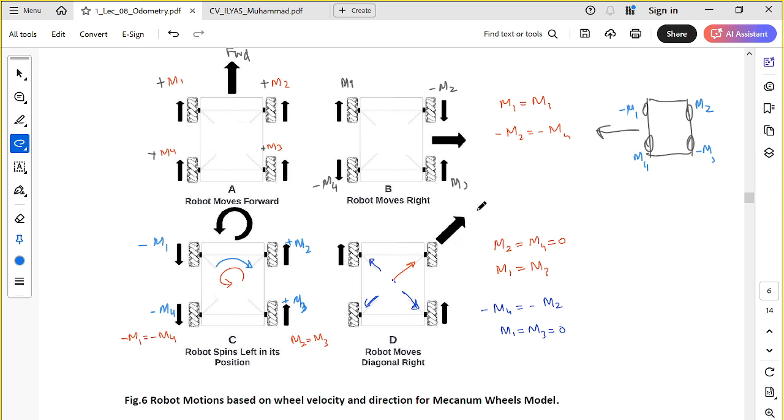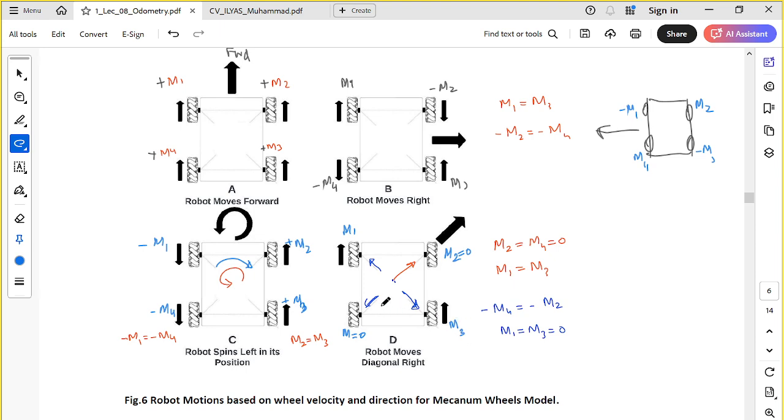Similarly, you can move in the diagonal direction, in this direction, this direction, simply by controlling the voltage applied to the motors. For example, if you want to move in this upper right diagonal direction, M2 will be 0 and M4 will be 0, so only M1 and M3 will move forward.